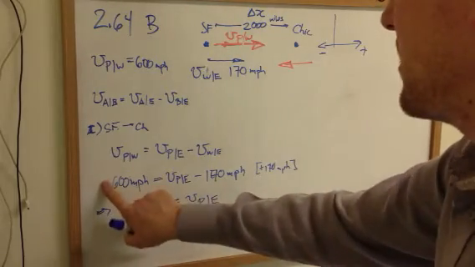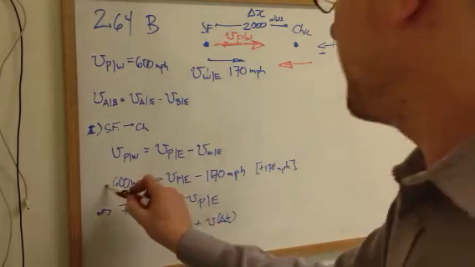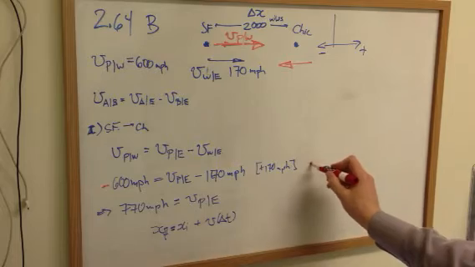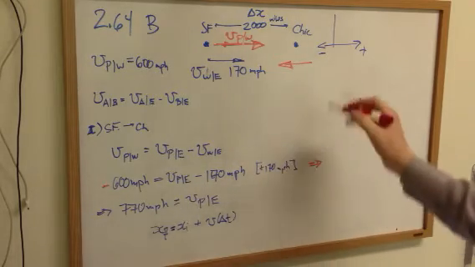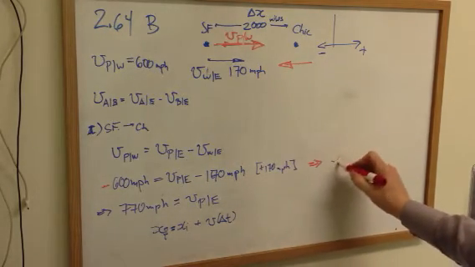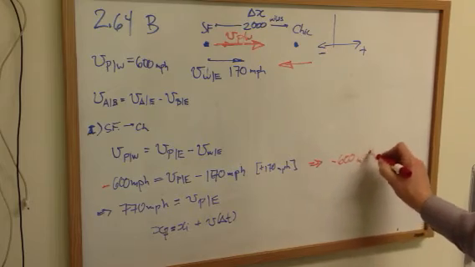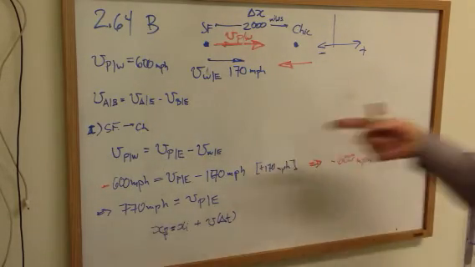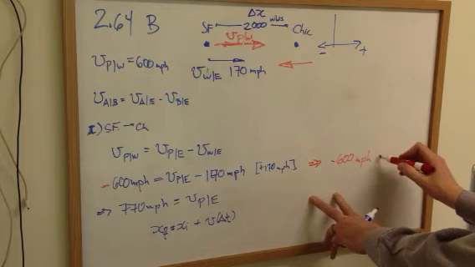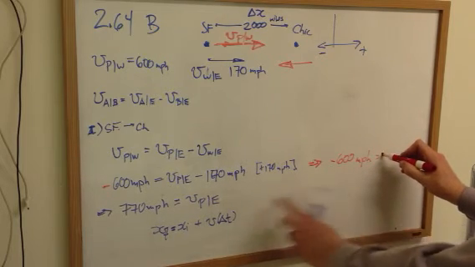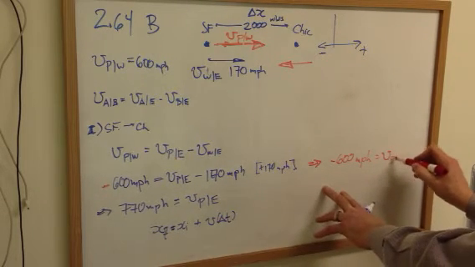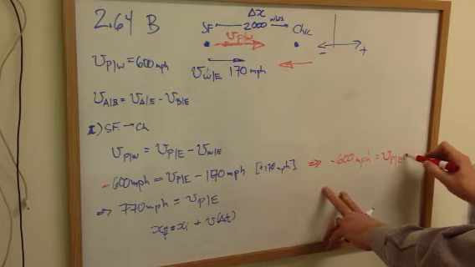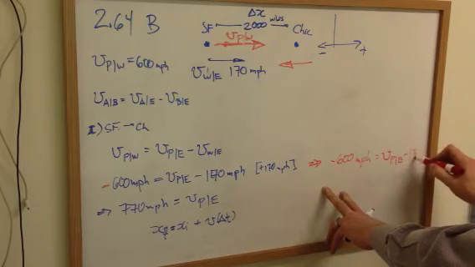So if this was a negative 600 miles an hour, on part B, on the return journey, we have negative 600 miles per hour, that means going in the negative direction, is equal to the velocity of the plane relative to the Earth minus 170 miles per hour.